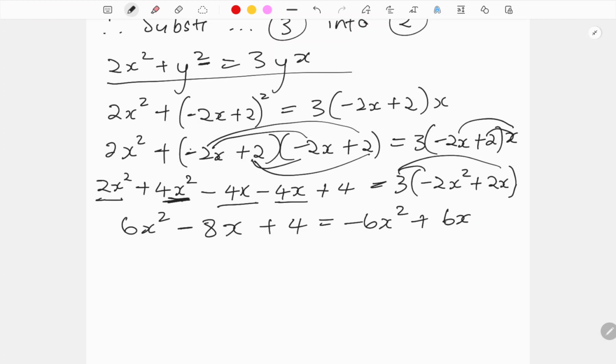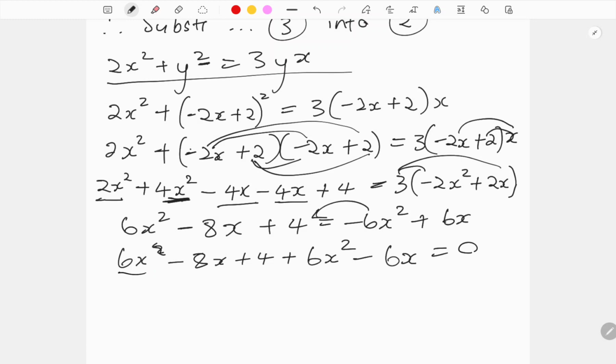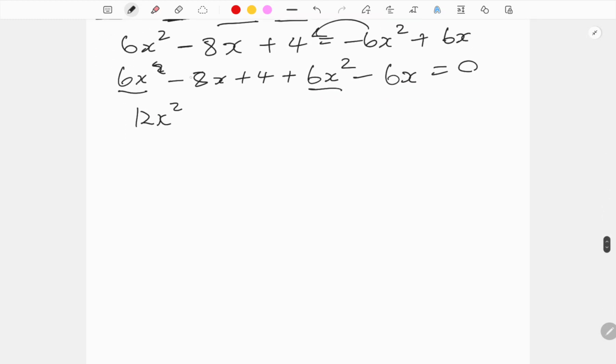Then you have to transpose everything again to the left so that the equation equals 0. So it's 6x squared minus 8x plus 4. Then transpose this to the other side. It's going to be plus 6x squared and then minus 6x equals 0. 6x squared plus 6x squared is 12x squared, minus this and that, like terms, minus 14x.